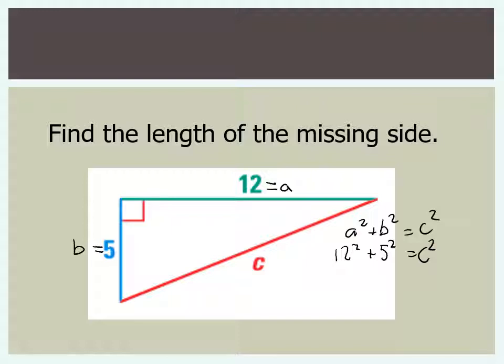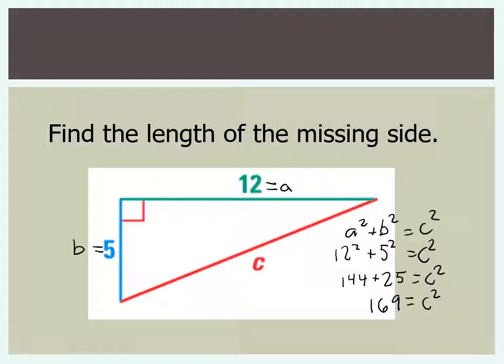12 squared is 144 plus 5 squared is 25 equals C squared. That sum here is 169 equals C squared.